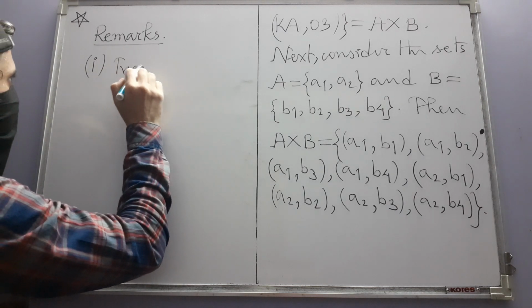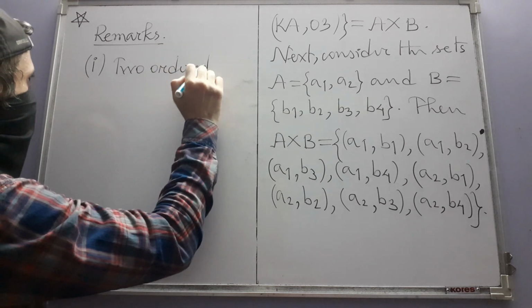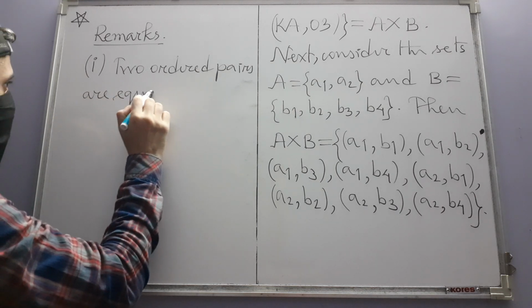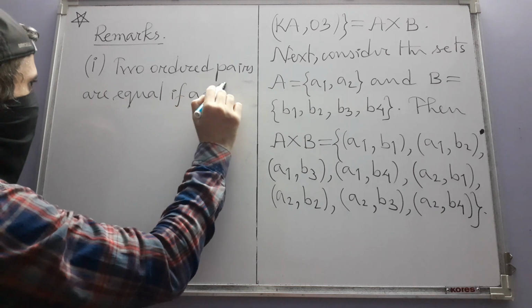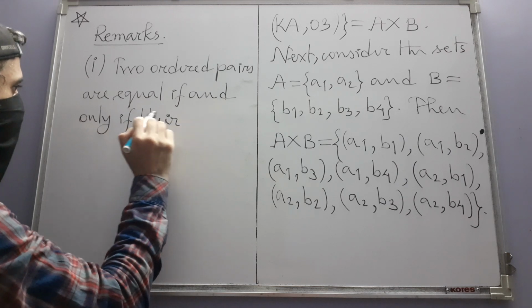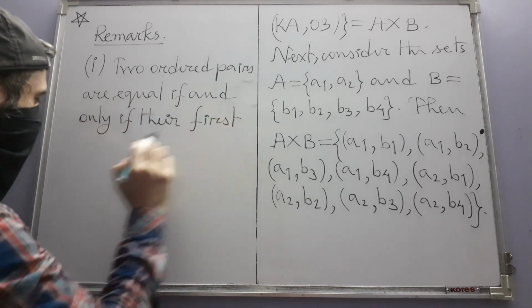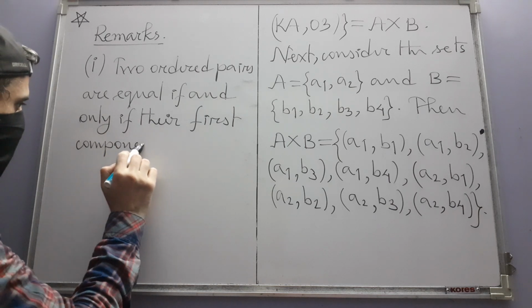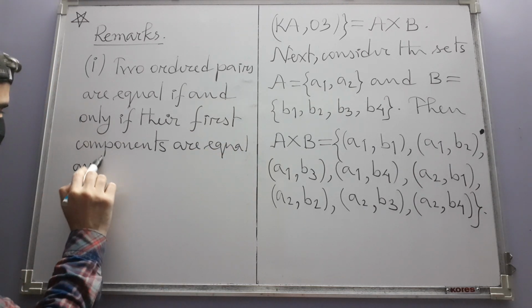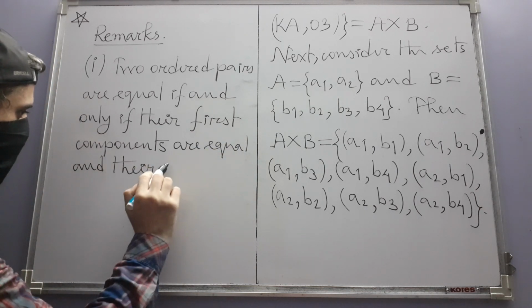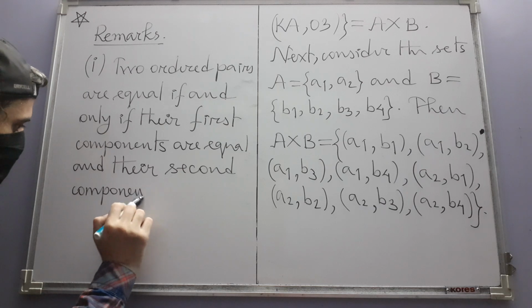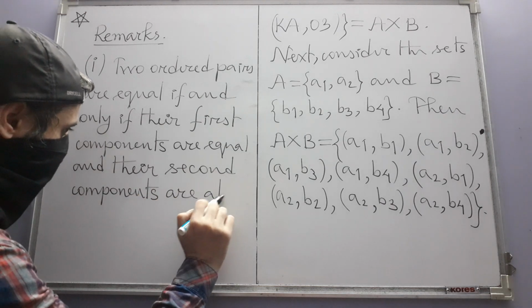Two ordered pairs are equal if and only if their first components are equal and their second components are also equal.